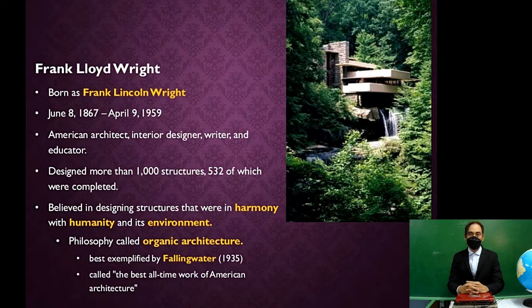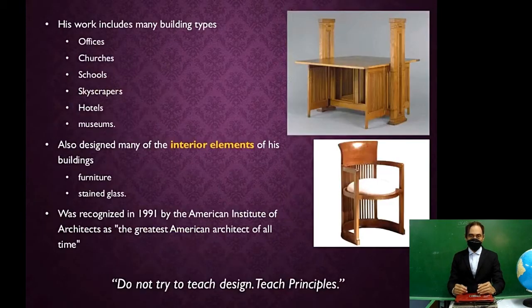His philosophy, called organic architecture, is best exemplified by Fallingwater or the Kaufmann house. This is his works in offices. Also, he designed many of the interior elements of his buildings.